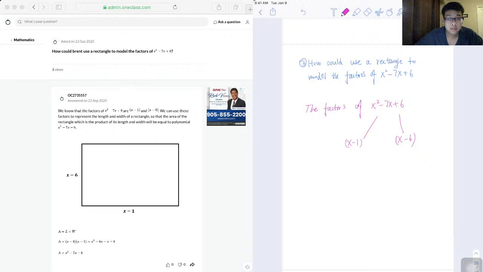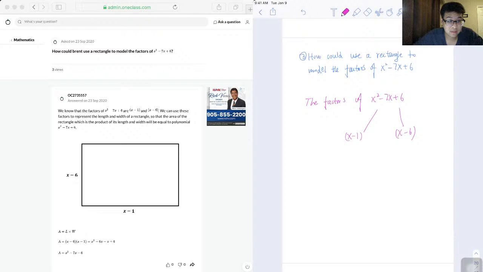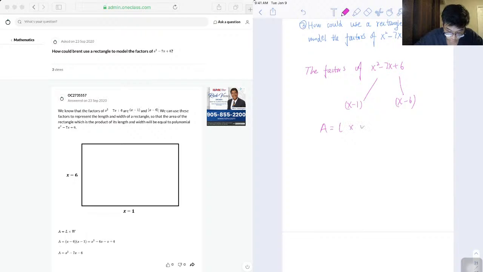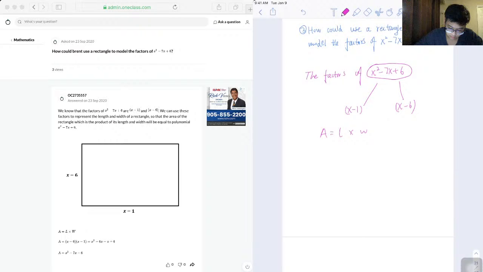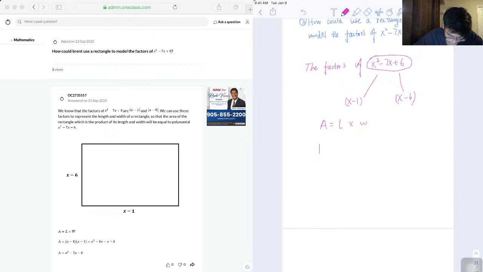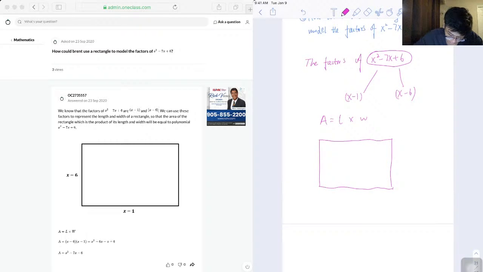Therefore, we use these factors to represent the length and width of a rectangle, since the formula for calculating the area of a rectangle is A is equal to length times width, which is the same thing as the identity of factoring this. Right. So now we just draw a rectangle. So we see the area is equal to x squared minus 7x plus 6.